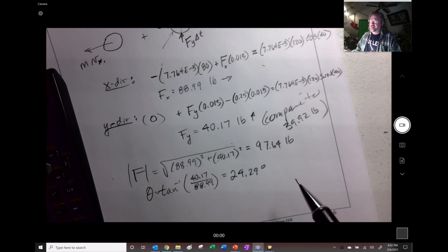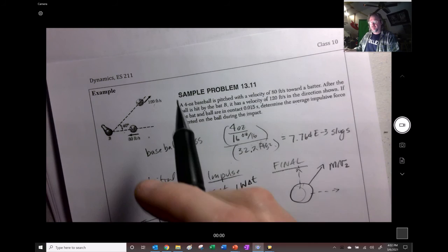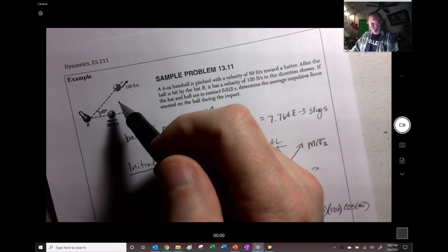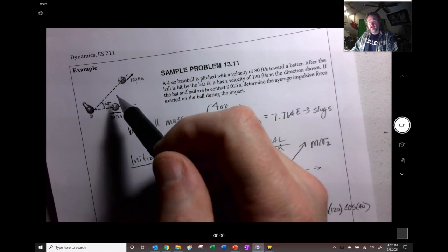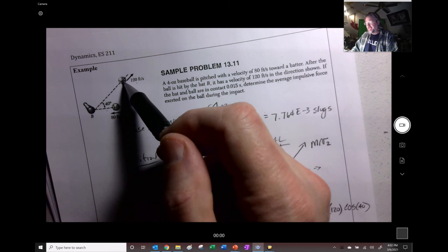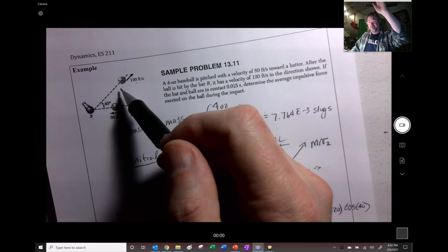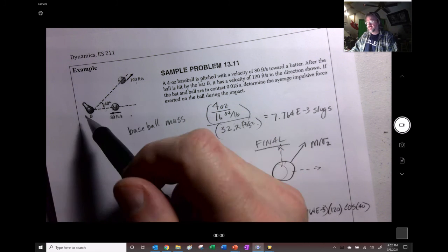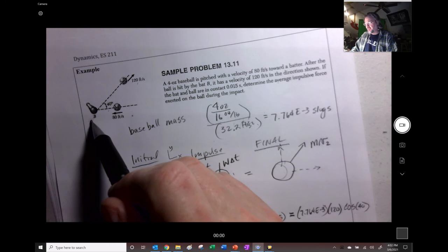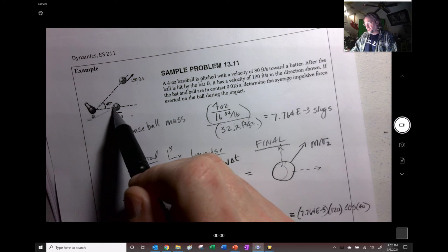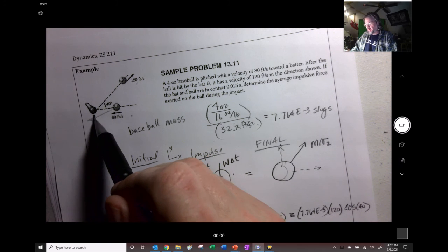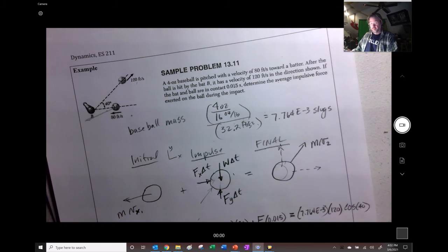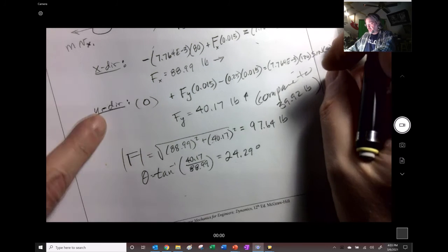That's not intuitive, right? If you were an amateur, a novice hitter, you're going to be trying to hit the ball in the direction you think you want it to go. But you need to hit it at a less steep, a shallower angle to make it go the direction that you want.